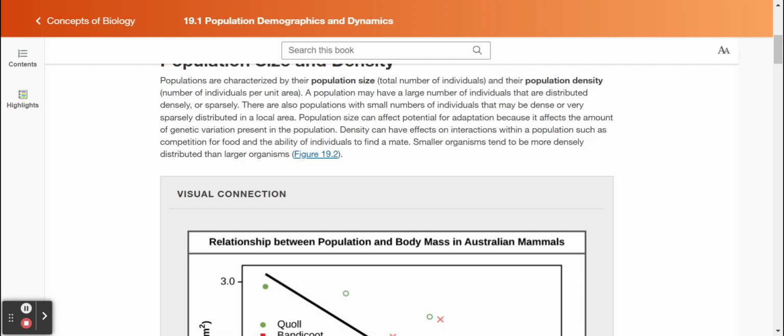Population size can affect potential for adaptation because it affects the amount of genetic variation present in the population. Density can have effects on interactions within a population, such as competition for food and the ability of individuals to find a mate. Smaller organisms tend to be more densely distributed than larger organisms.